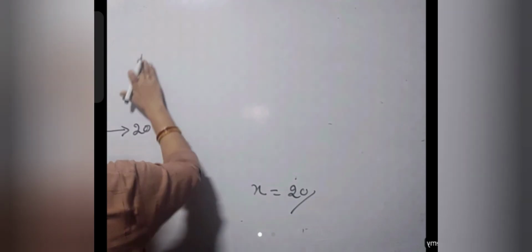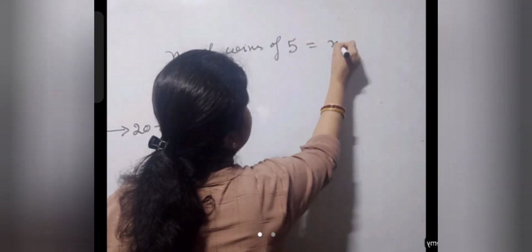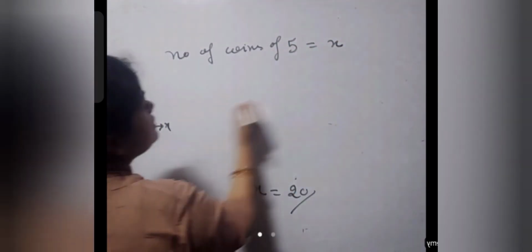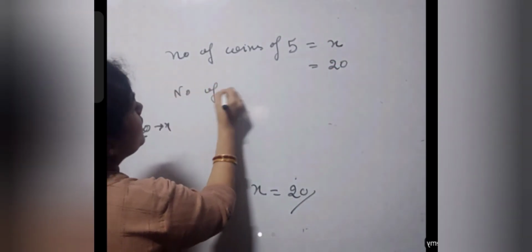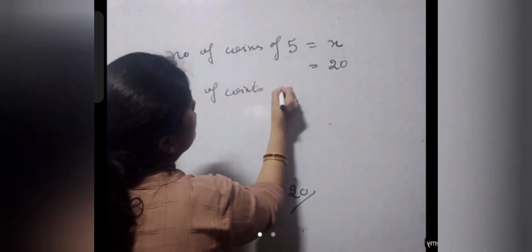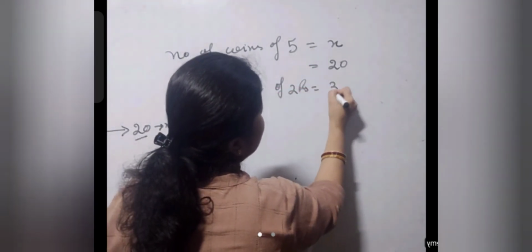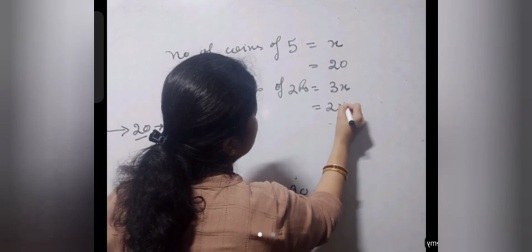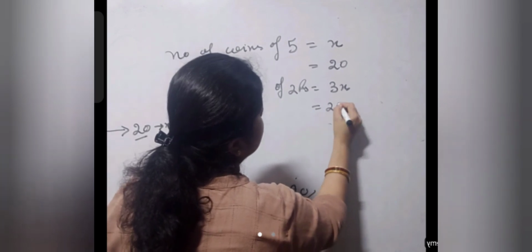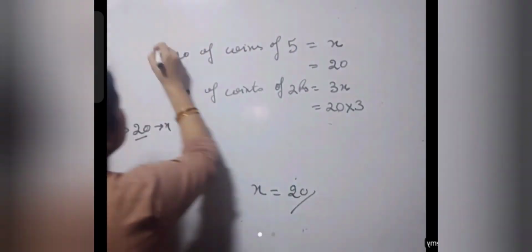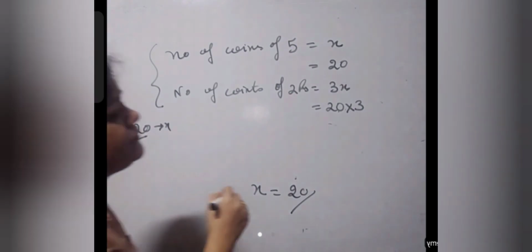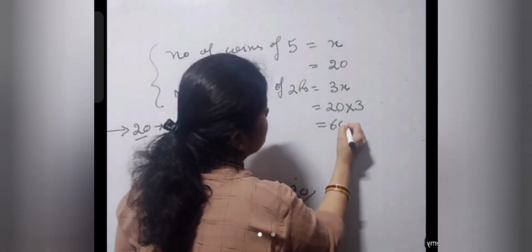Number of coins of 5, what do we have? x. So this is 20. Number of coins of rupees 2 is 3x. That is 20 into 3, as I assumed earlier in the starting. That is 60.